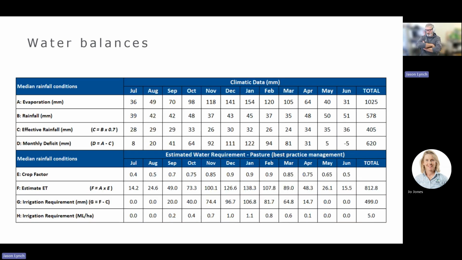So this is what a water balance looks like. Pretty busy table in there, but if we just start with the top section, we've got quite a bit of data relating to the climate, and then the bottom sections relate to the water requirements, which are driven by climate. We've got the months along the top, July through to June.